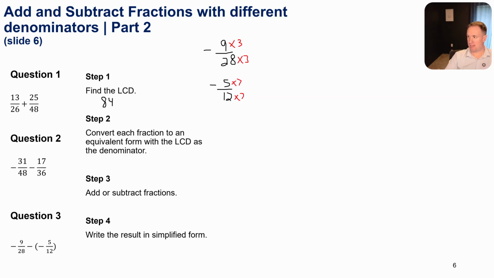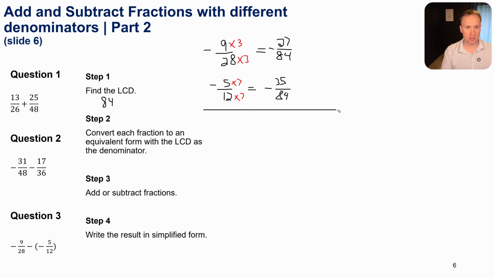Okay, so rewriting my new fractions, I have negative 27 over 84, and I have 35 over 84, and that's also negative. Okay, so now I'm going to write this horizontally here.